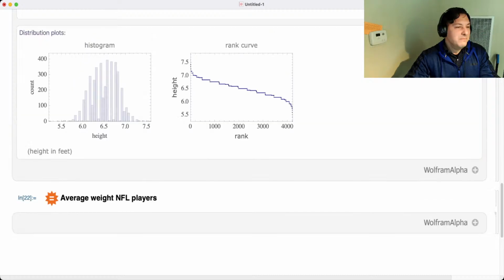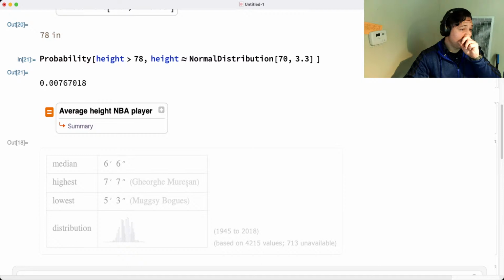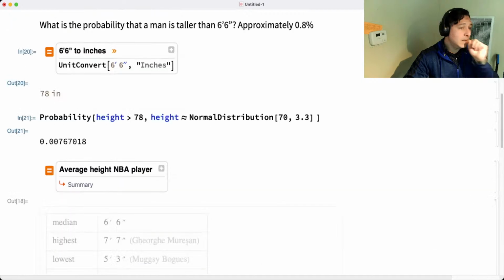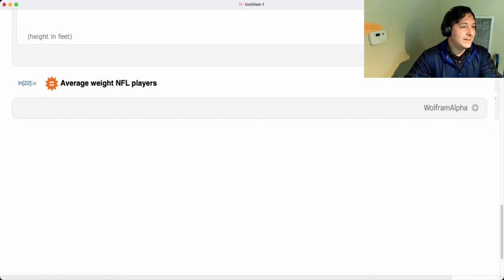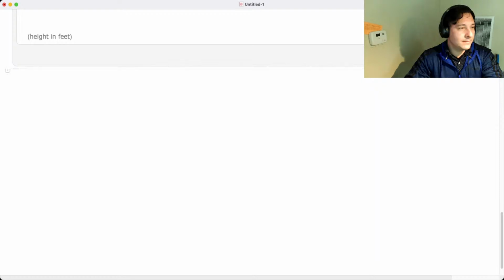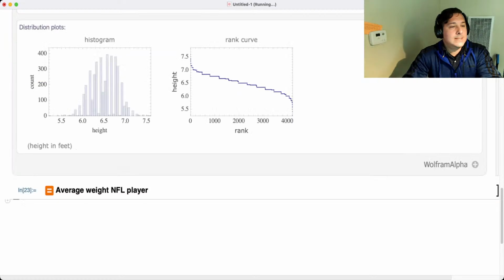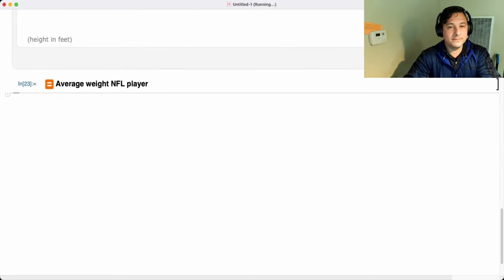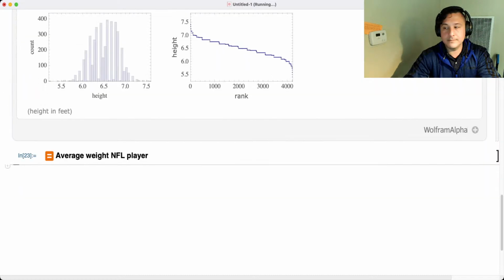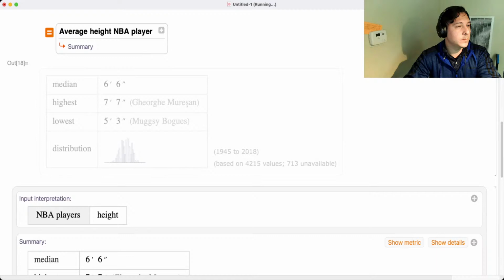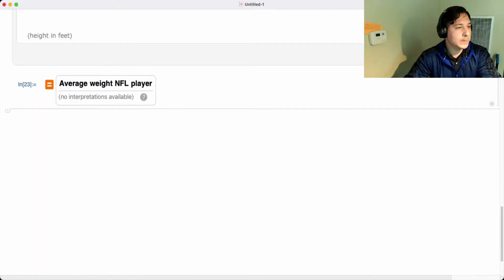Okay, why is this not coming through? Oh, because it's not... Crap, I clicked the wrong type of command. Freeform input. Average weight NFL player. Come on. What?